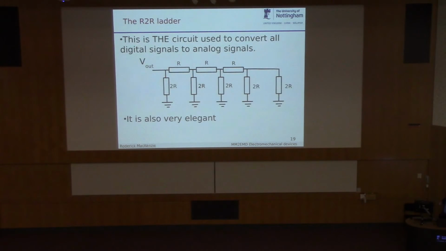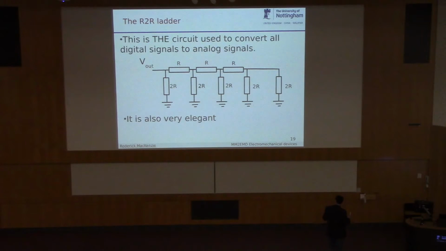Now then, this is called an R2R ladder. You might think it's just a bunch of resistors, and it looks really boring, and I'm not interested. However, this is the circuit that every electronic device uses to go from digital to analog. This is the number one digital to analog converter that the world uses. No matter what device it is, your watch, anything, it will have these in it.